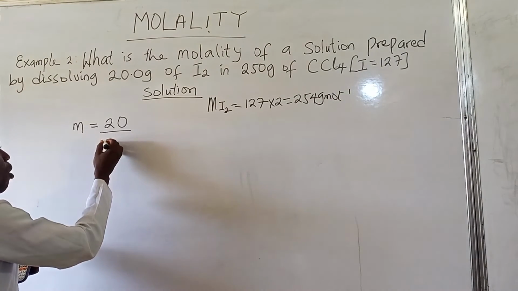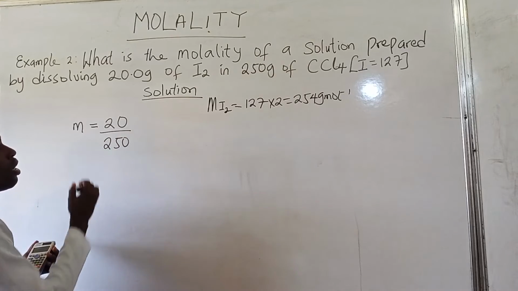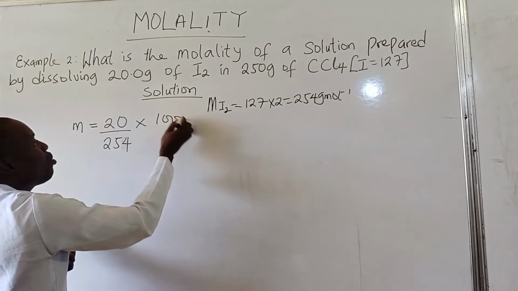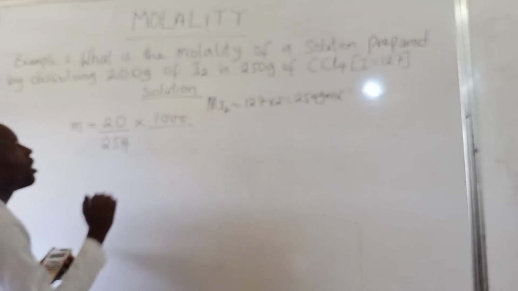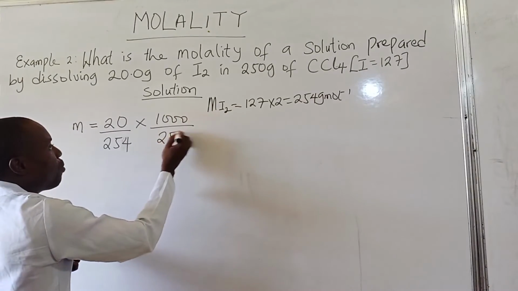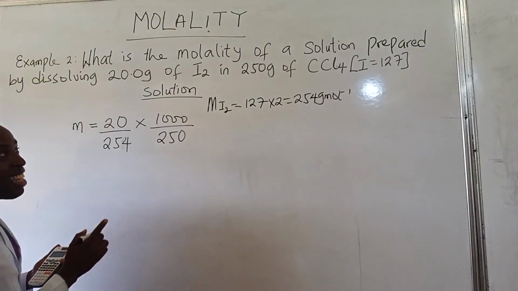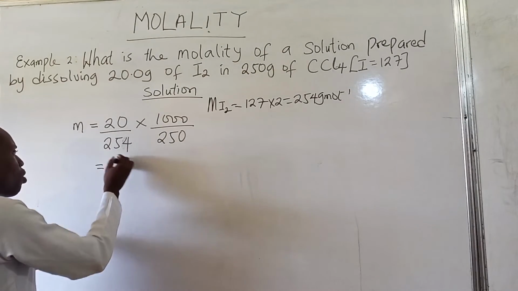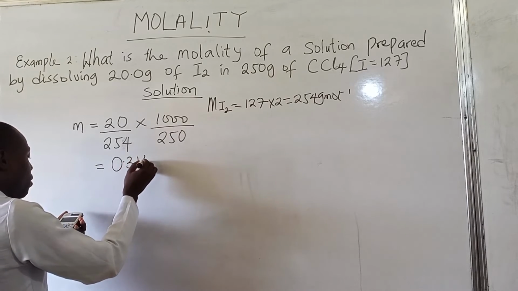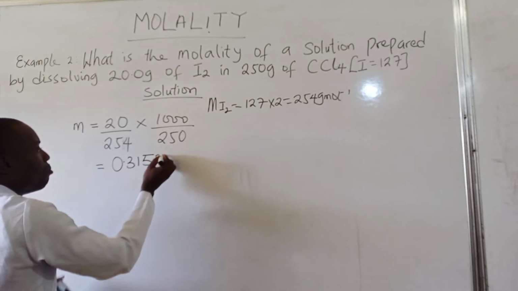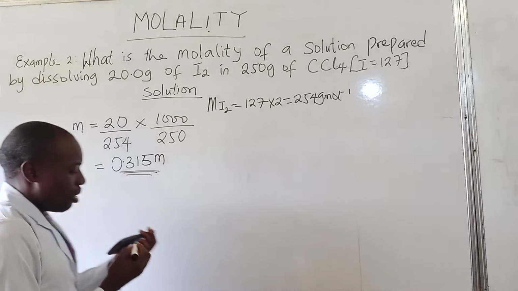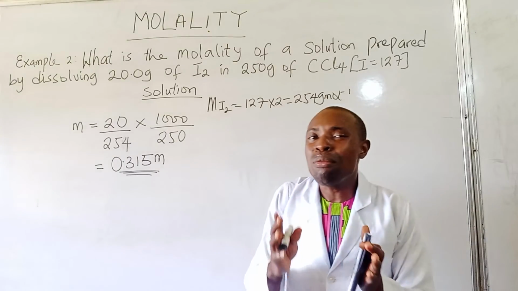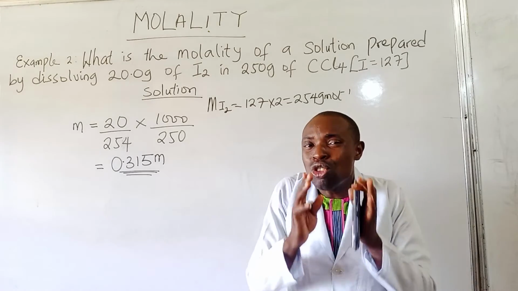So we have 254 multiplied by 1,000 over 250 gram of the solvent, which is the tetrachloromethane. When we do the multiplication, the answer becomes 0.315 molal. Final answer. And you realize that calculations involving molality are not difficult.